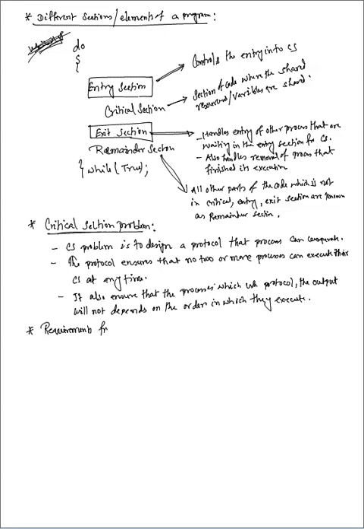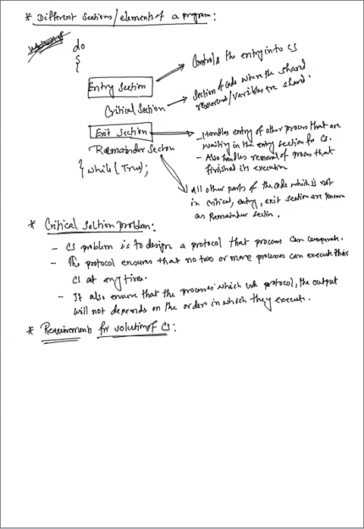Requirements for the solution of the critical section. Before starting this, we have three terms which we should know. The first one is mutual exclusion, in short called ME. So what is ME?